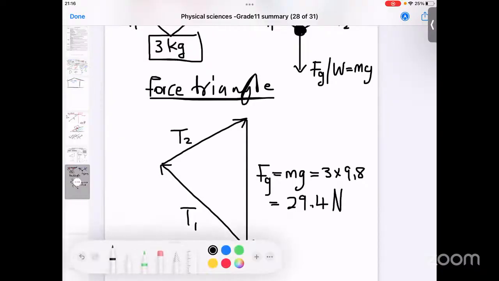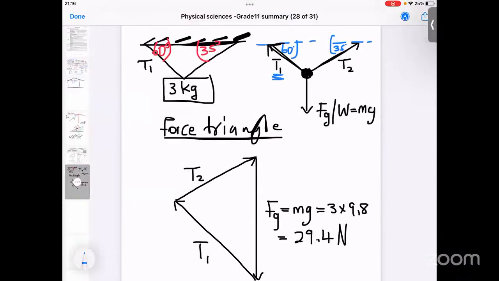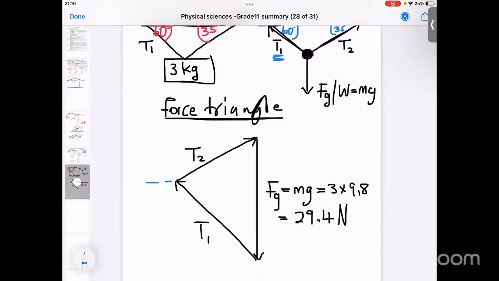So remember what I've explained regarding the angle. So for that one of tension number 1, this is where you have that ceiling, whereby we said the angle that is formed there is 60 degrees, isn't it? So for tension number 2, definitely that angle is that one over there, which is 35 degrees. I hope that part makes sense, honorable member.